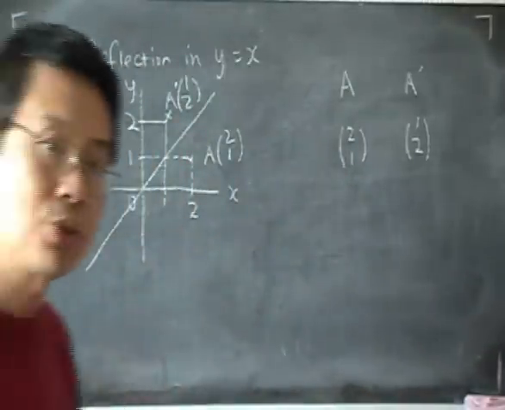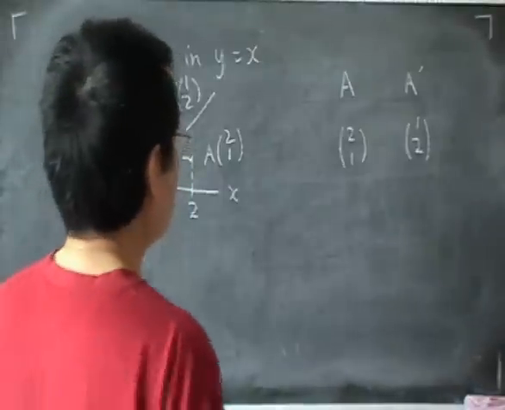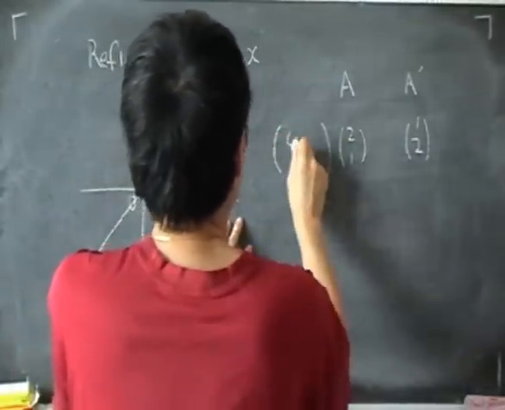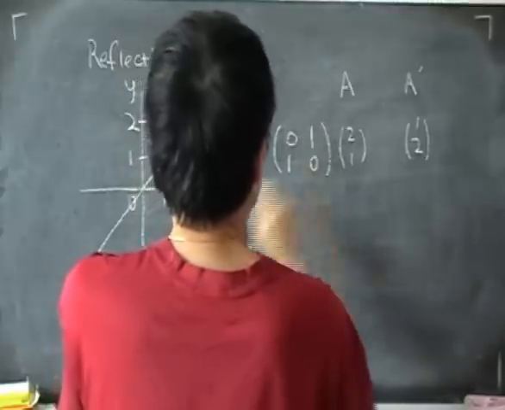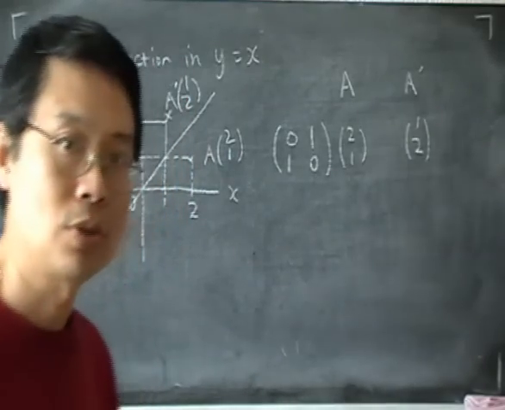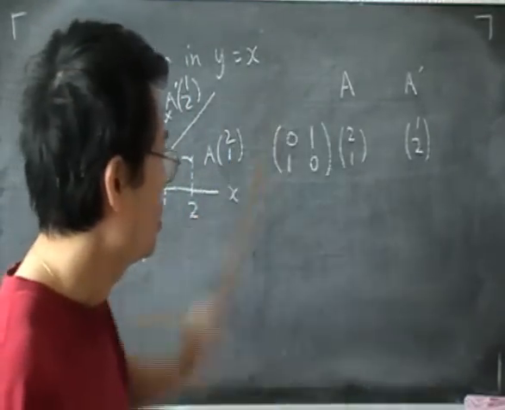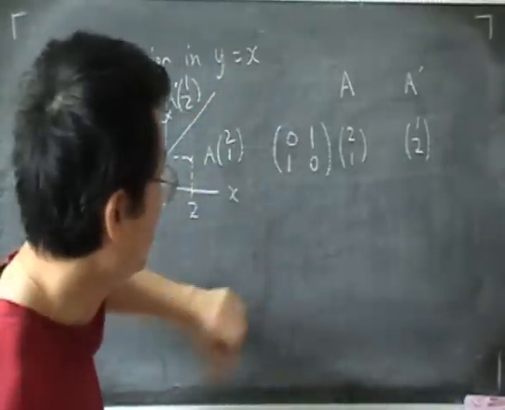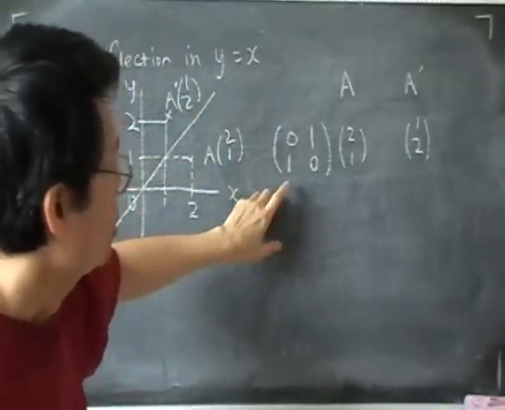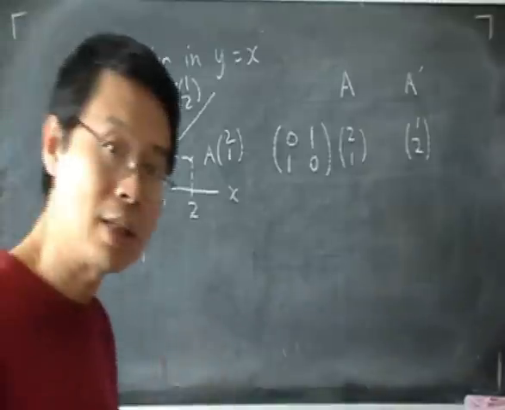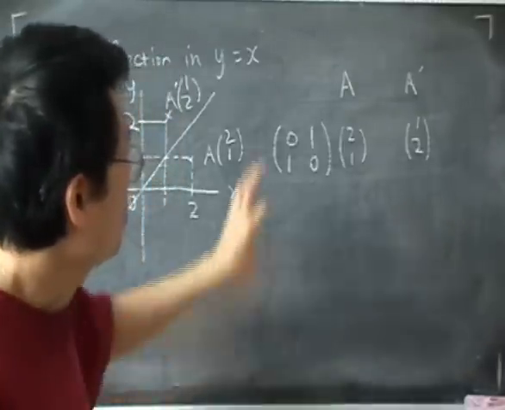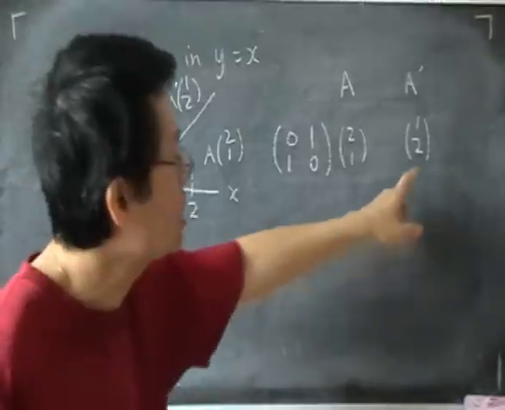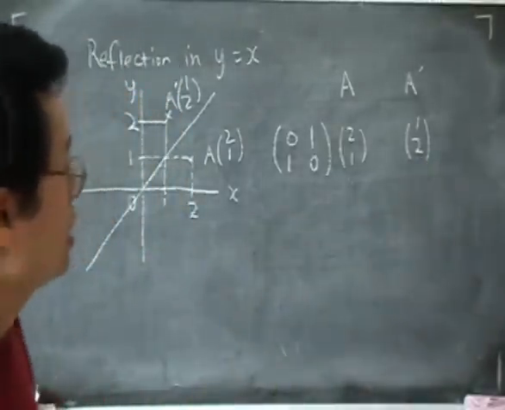If we want to use a matrix, the matrix is 0, 1, 1, 0. Okay, so again, assume that this is given. Assume that you have remembered this. And we just want to check now that when you multiply this matrix by this vector, you will actually get the correct answer.